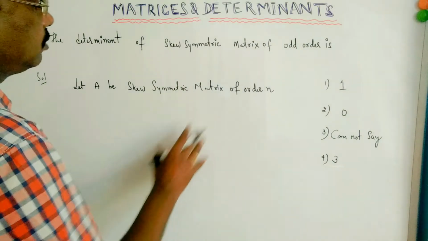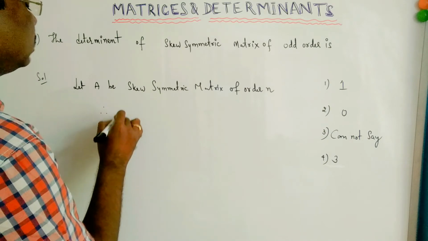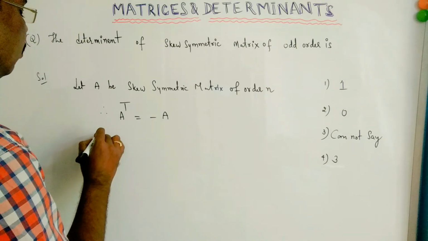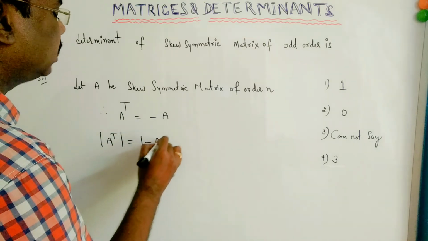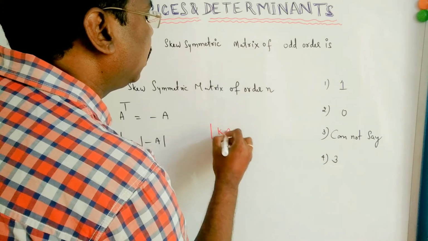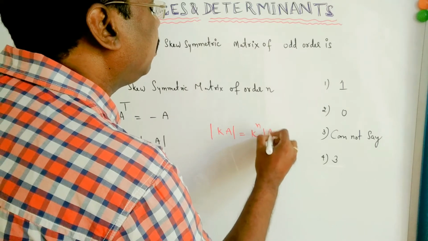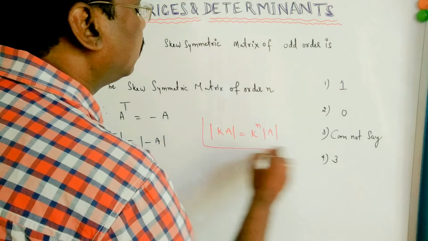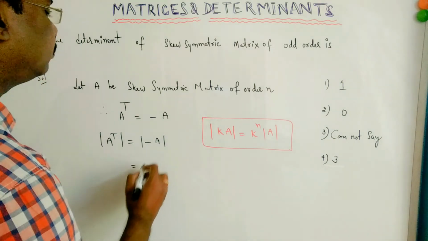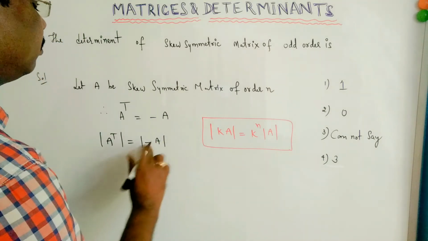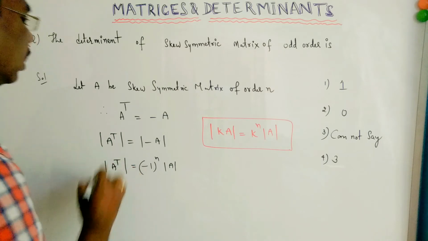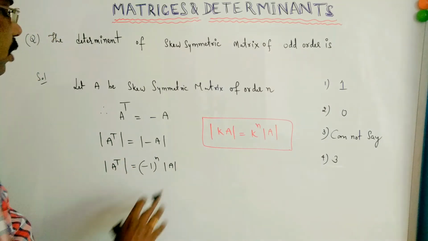Skew symmetric matrix means A transpose equal to minus A. Now taking det on both sides, det of A transpose equal to det of minus A. We know that det of KA is equal to K power n into det A. Here the constant is minus 1, so det of minus A is minus 1 power n into det A.